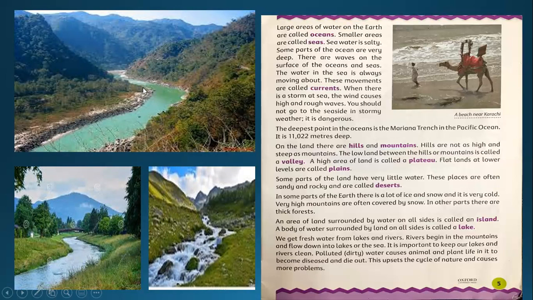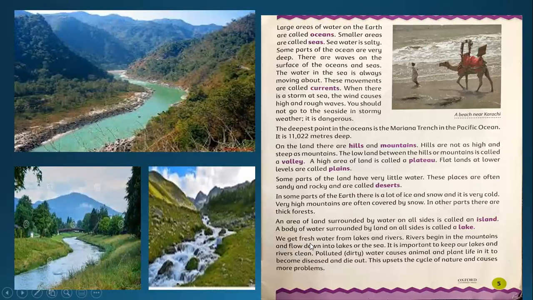Like this water is coming from these mountains. Look here, this is called a river, which flows from the mountain towards the lower areas and then falls into the sea or lakes. And this water is fresh water. It's very healthy. But what is our duty?